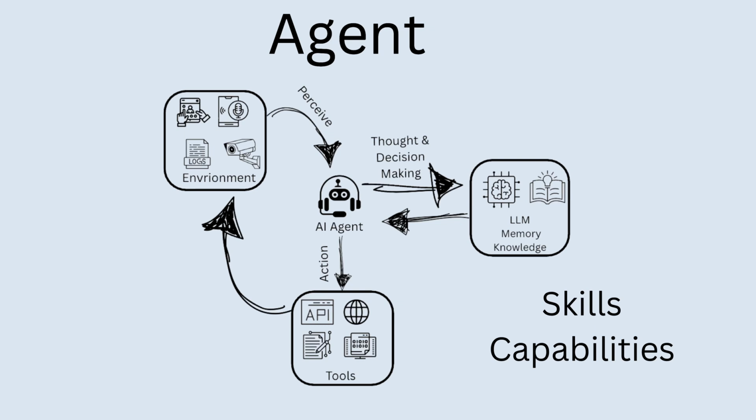Now, these three agents have to talk to each other to make the reservation or the travel booking, which is the final outcome or common goal of all these agents. But how will they talk to each other?